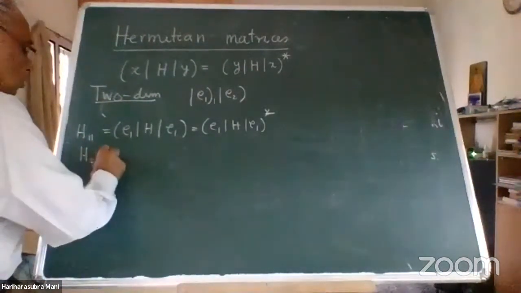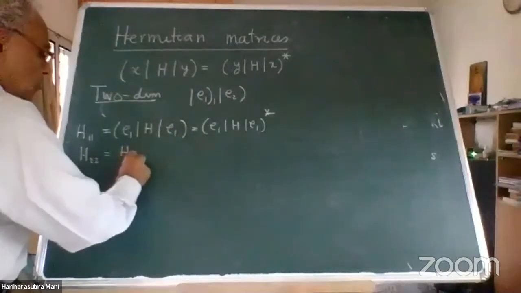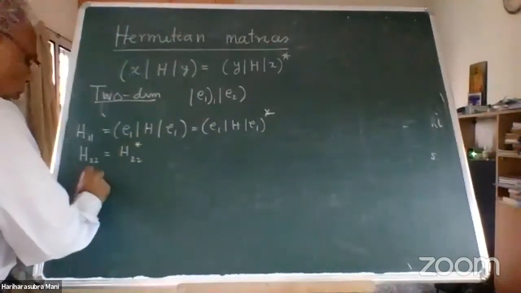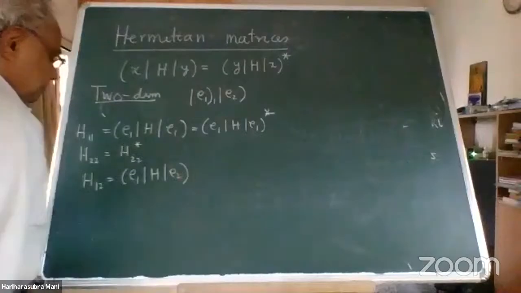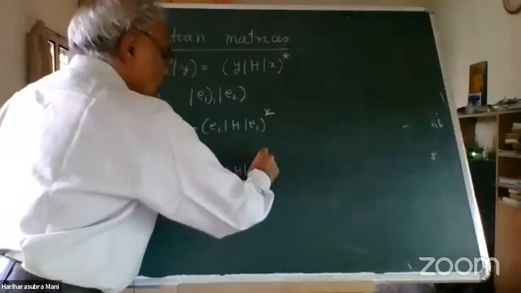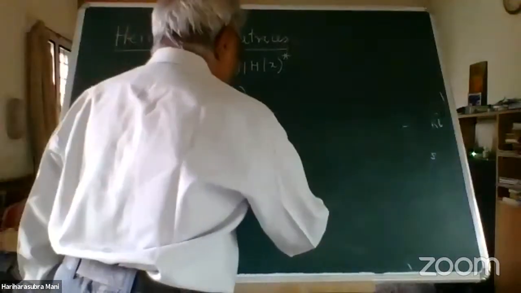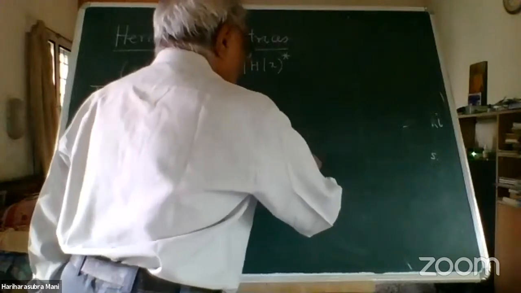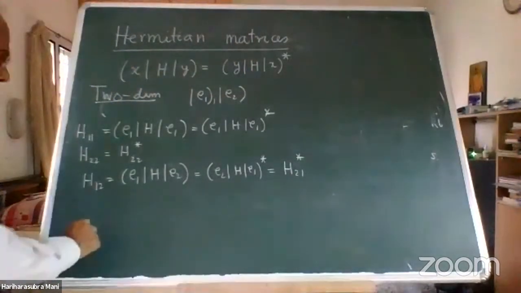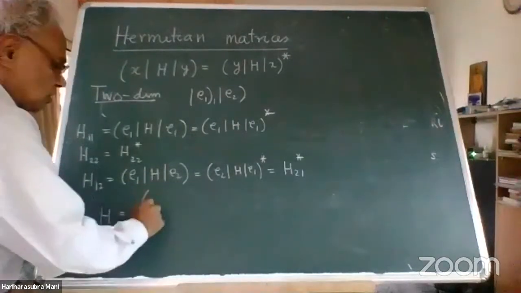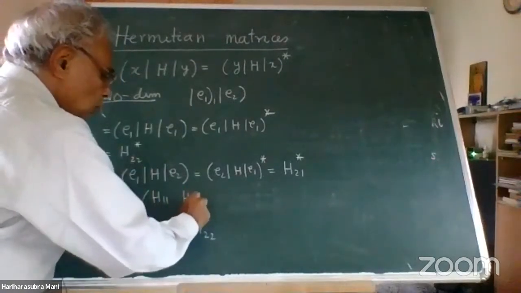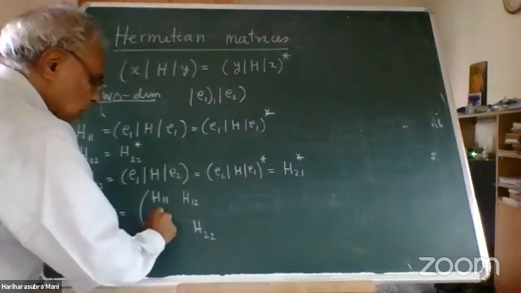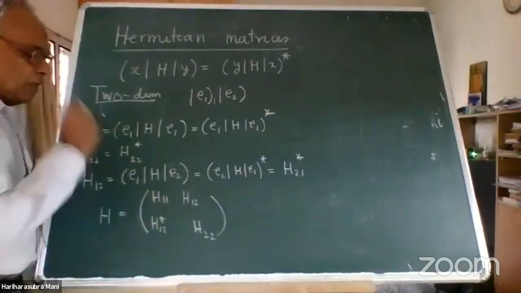Similarly, H22 is real. H12 is E1 H E2 equal to E2 H E1 star. So my Hermitian matrix here consists of H11 real, H22 real, H12. These two elements are complex conjugates of each other.